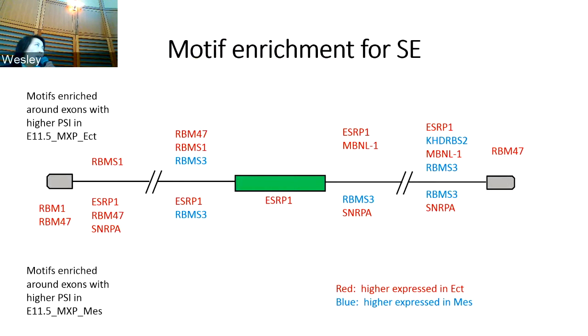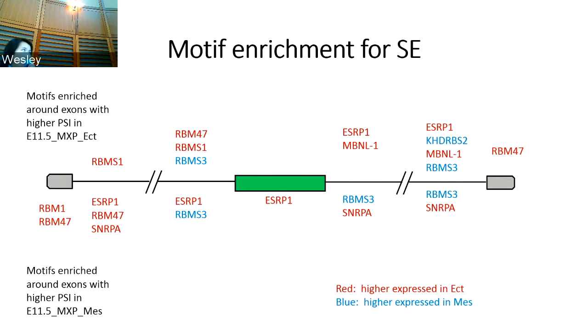Here I took the alternative splicing events and cross-referenced them with the intron binding motifs bound by intron binding proteins, and also combined this with the expression levels of these genes. As shown here, ESRP1 is highly expressed in ectoderm, in red, and RBMS3 is highly expressed in mesenchyme, in blue.